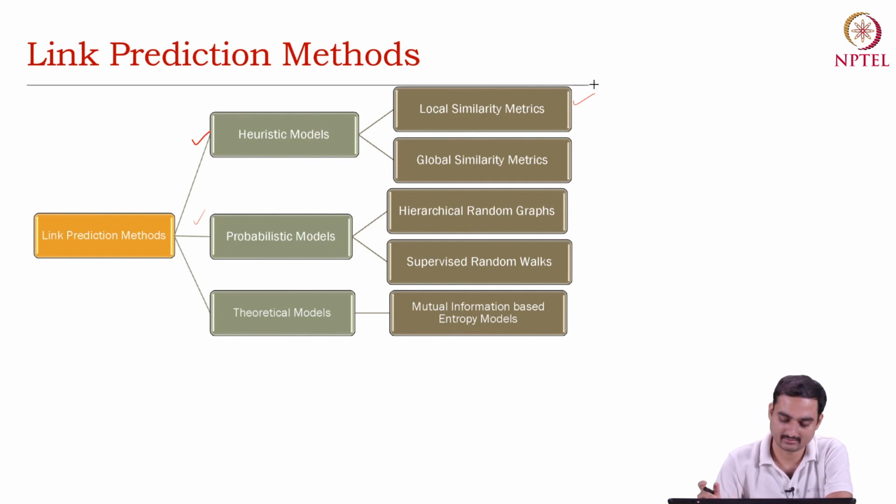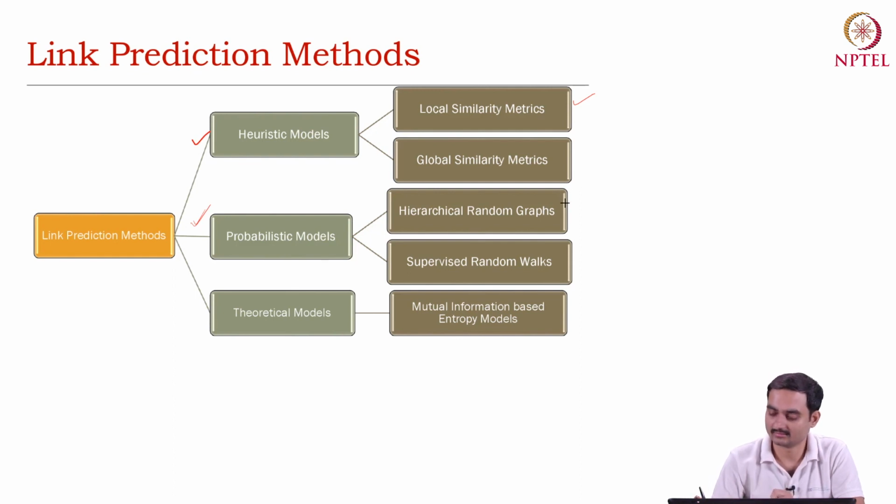The second category is probabilistic models, in which we try to measure the probability of appearance of a particular edge. It can be supervised, it can also be unsupervised.